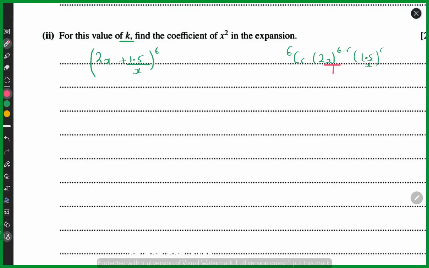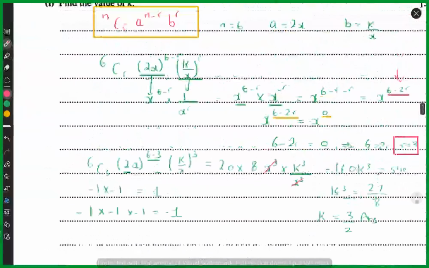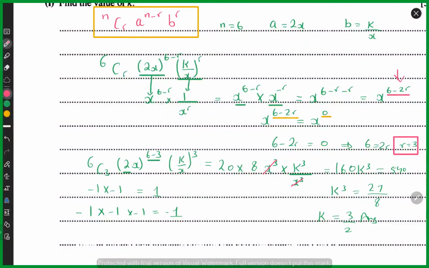In fact, we did all of this for the previous part, right? So what you can do is, instead of doing it this way, the only difference in this and the new part is that here we did not have the value of k, but that is irrelevant. At the end, we are extracting x only. And this was the final thing. x to the power 6 minus 2r.